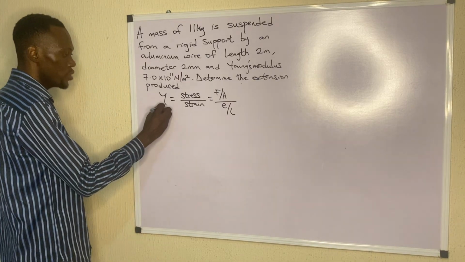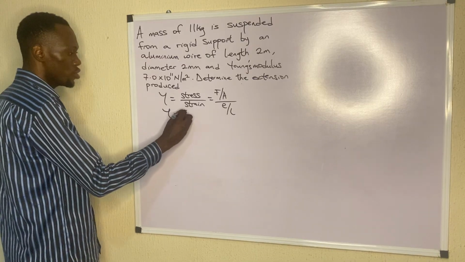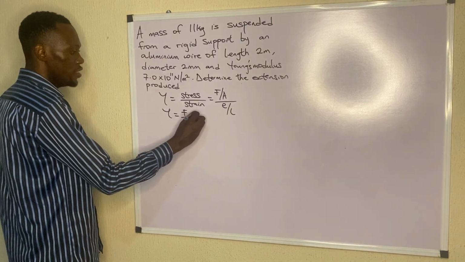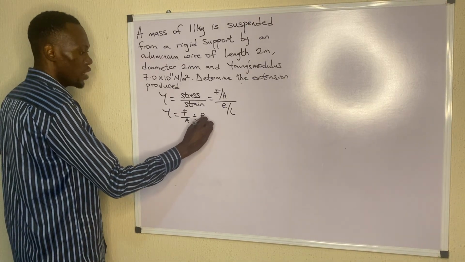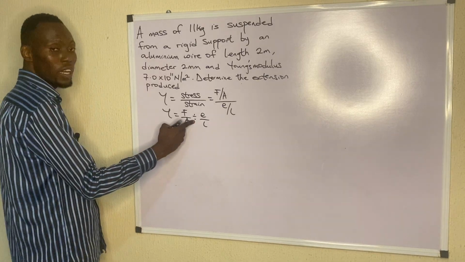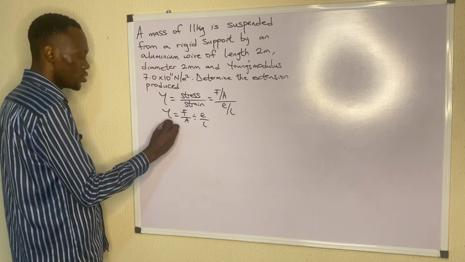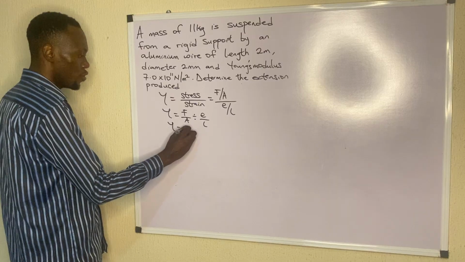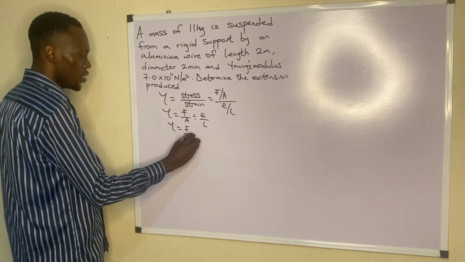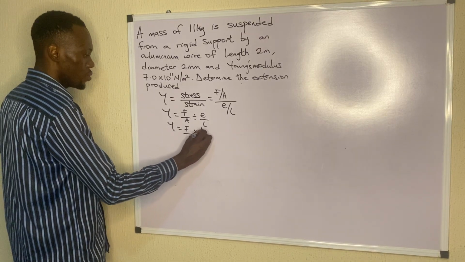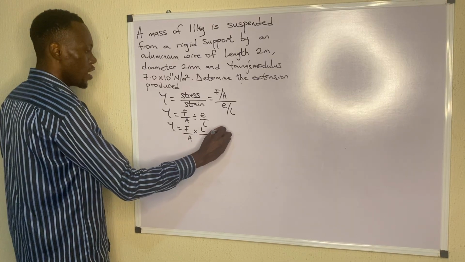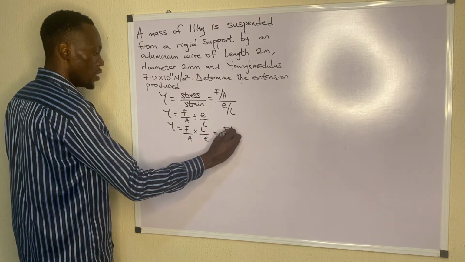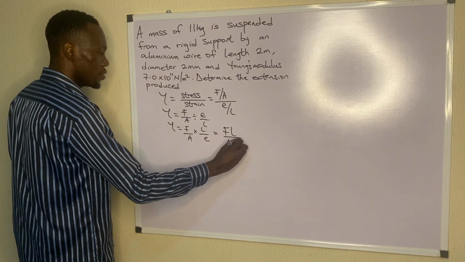So therefore Young modulus will give me force over area divided by the extension over length, right? I need to change this to a multiplication sign. So my Young modulus will be force over area times length over extension, which is force times length over area times extension.